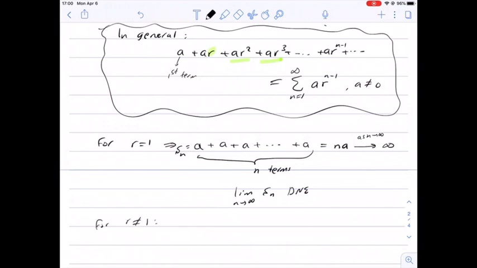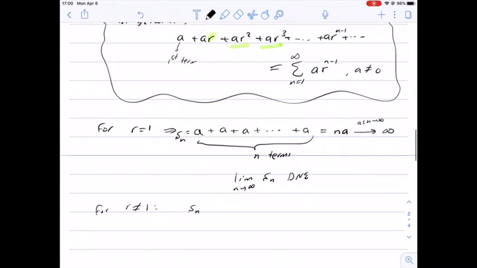Now, for r different from 1, we can derive a sum of n terms of the geometric series. So Sn is a plus ar plus ar squared up to ar^(n-1). Now, if we multiply this by r, we get ar, ar squared up to ar^n.